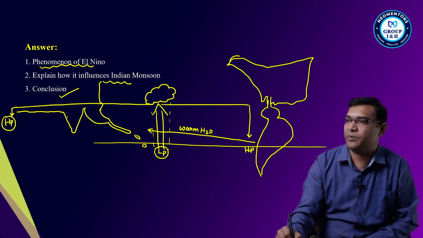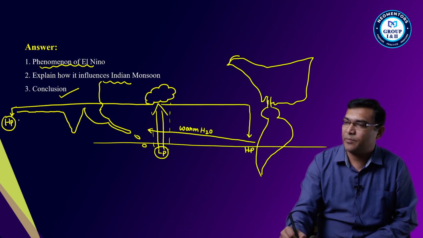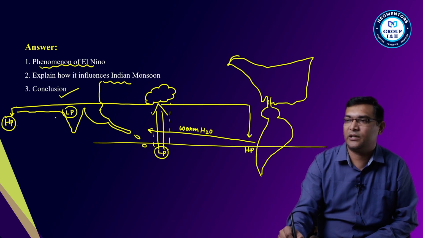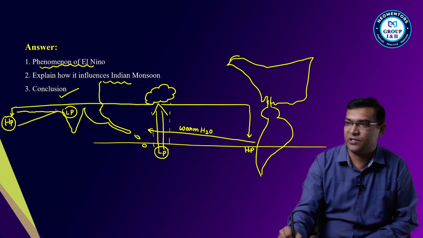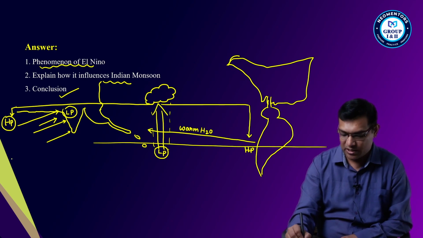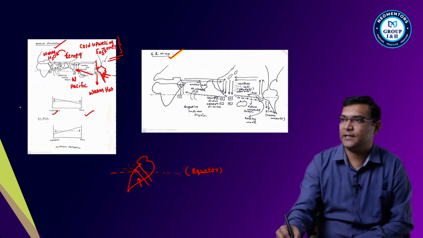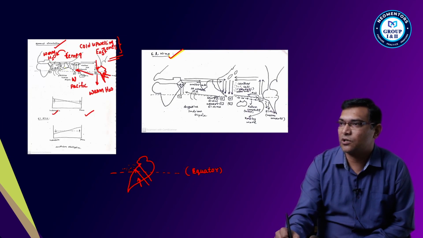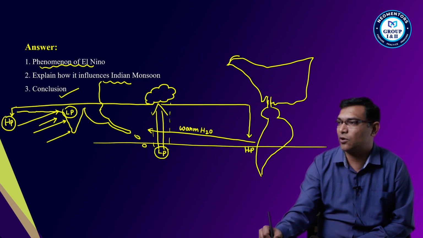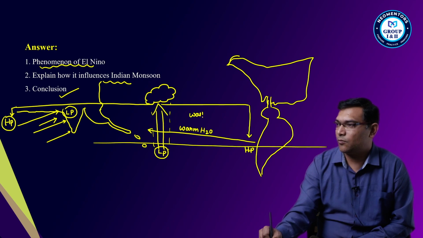Because of this high pressure, the Indian subcontinent will have low pressure. It will be attracting the winds. So southwest monsoons will be normal during this time. Generally this cell is called Walker cell, Walker circulation.